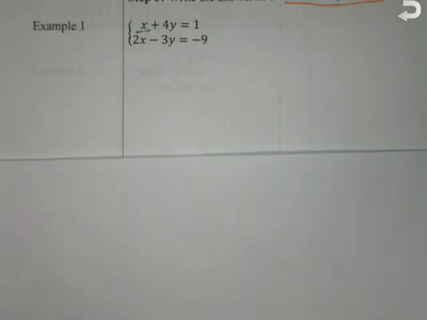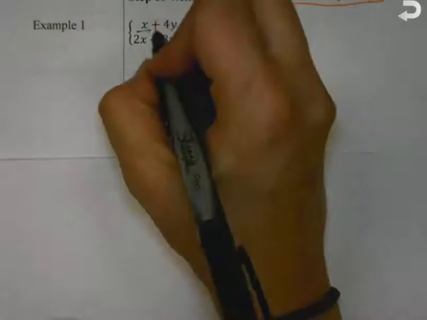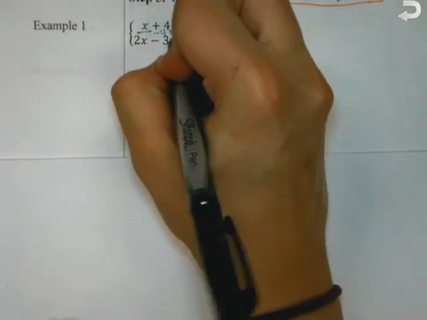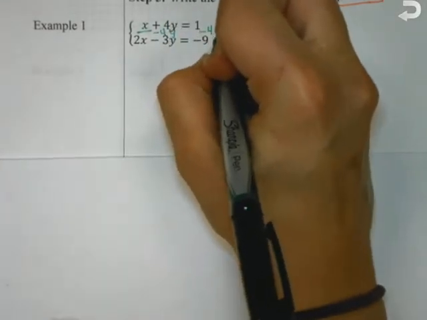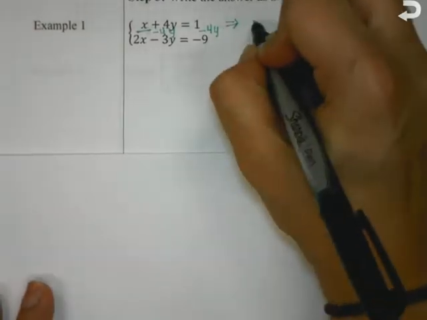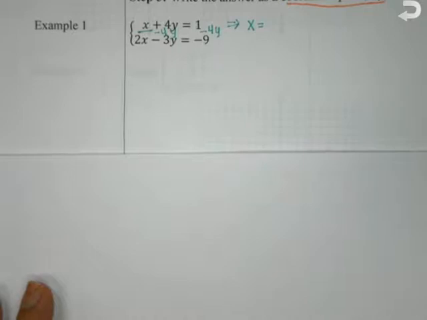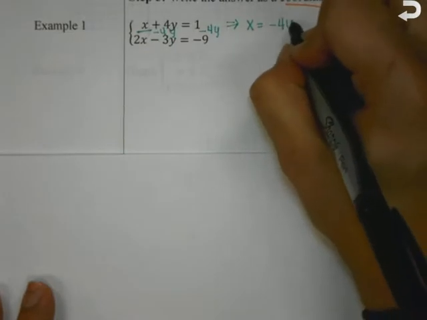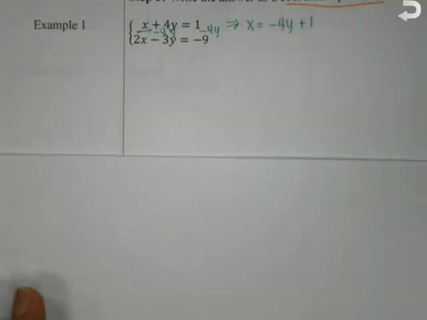So what would I do here? Well, first we need to subtract 4y from both sides because it's not x equals yet. So this equation is going to become x equals negative 4y plus 1, or 1 minus 4y, same thing.